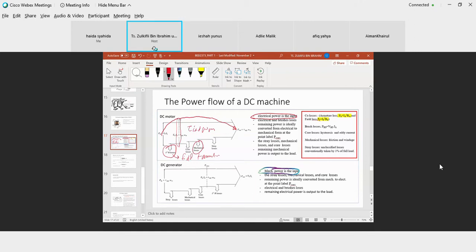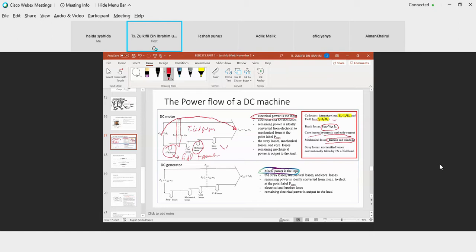So that's what we call friction and windage losses. So that's mechanical losses. And brush losses pun sama dalam ni juga. And you have the core losses disebabkan oleh the material. Awak ada hysteresis dan juga eddy current losses dekat core. And you have mechanical losses.